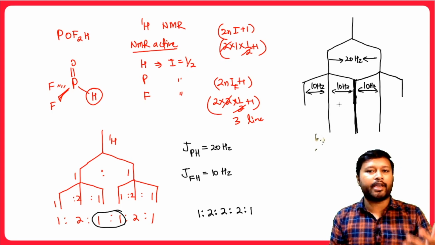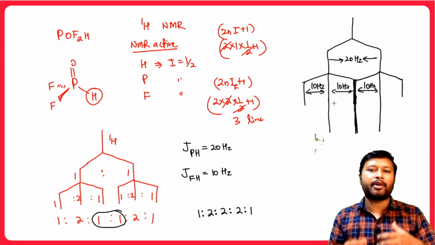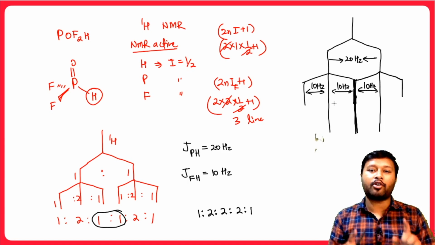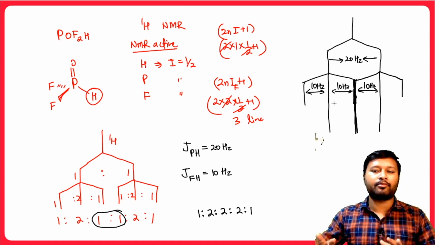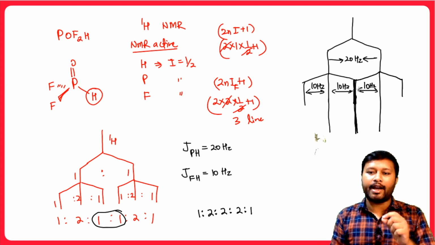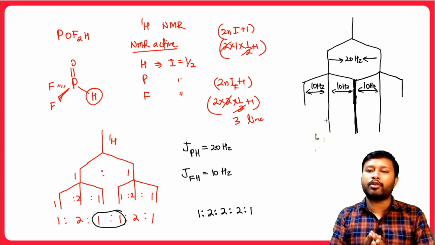So if the J value is given to you in the question and they ask you to split it up and find out the total number of peaks, although this type of question has not been asked in CSIR NET, these types of questions are asked in the GATE exam. So that's what you have to consider. If anything related to it is asked, you have to be very careful. You have to add the peak intensity, and also you have to look out that the overall number of peaks is going to decrease.